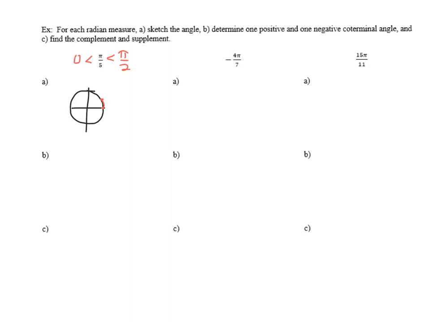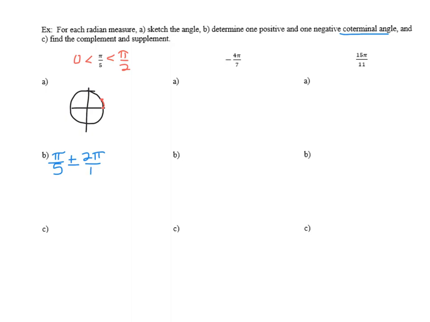For part B, determine 1 positive and 1 negative coterminal angle. Now coterminal angles would be the same initial and terminal sides, or in this case the same initial and terminal point on the circle, but just going one full time around. What we'll do here is we'll take our initial angle and we're going to add and subtract 2 pi over 1. That would be 1 full revolution in either direction.